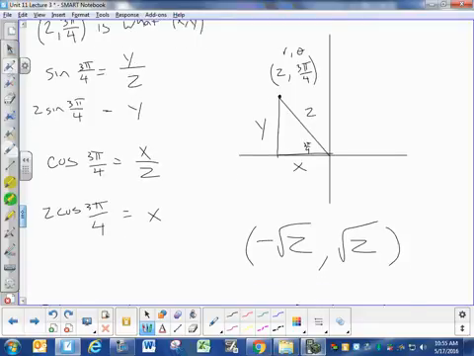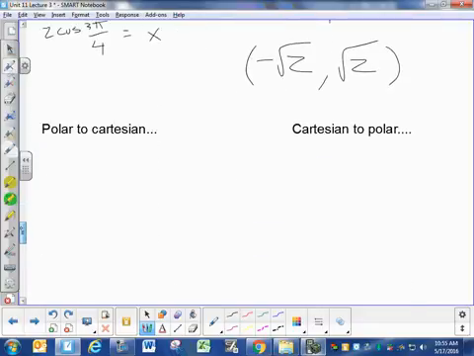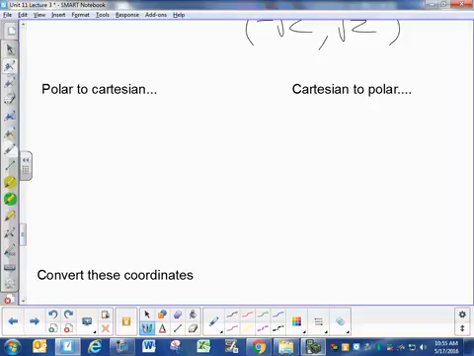In general, if you have polars and want to convert them to Cartesian, your x-coordinate will just be r cosine of theta. That's just solving for x every single time: you multiply by the radius, or the hypotenuse. Y will equal r sine of theta. This goes for any x and any y.